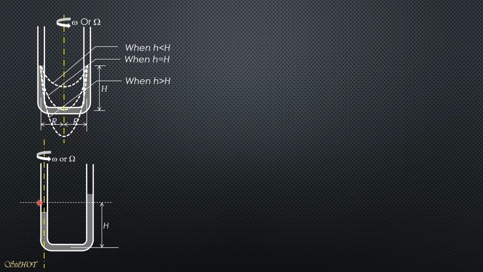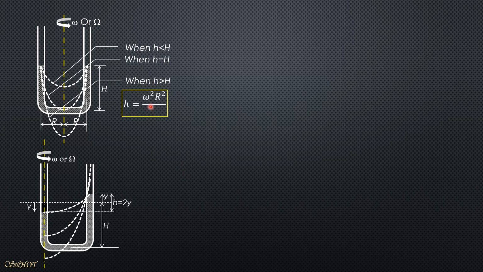One will drop, this is the vortex, and the other will rise by the same amount if they have the same size. So h is equal to 2y, and this is the imaginary parabolic surface. This is the vortex. When the angular speed is increased, this will be the resulting surface, and when increased further, there will be a possibility that the liquid will start to spill on the other opening.